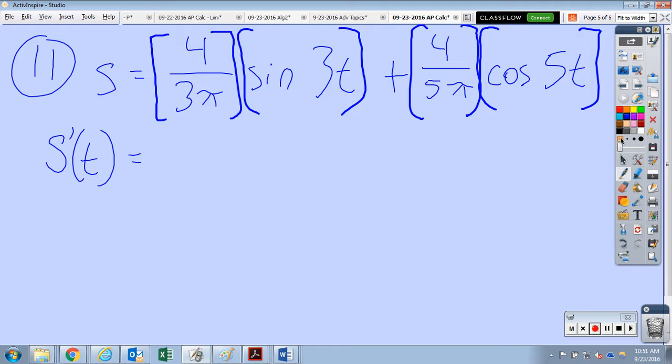I have this constant, and this trig function, and then I have this term over here, this constant and this trig function. So if we obey the rules of the product rule, here we go.